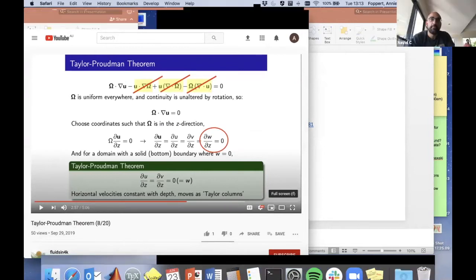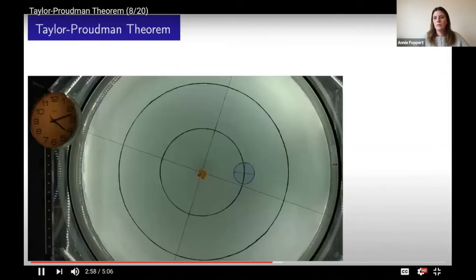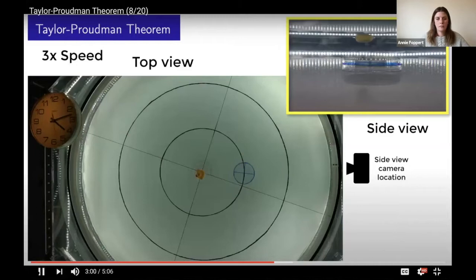Yep. Okay. So this is going to be a rotating tank experiment that shows these Taylor columns. Let's take a quick look at the concept of the Taylor-Proudman theorem in the lab. Here we have two views from above and from the side of a tank that is in solid body rotation, such that the water is essentially at rest with the rotating tank.